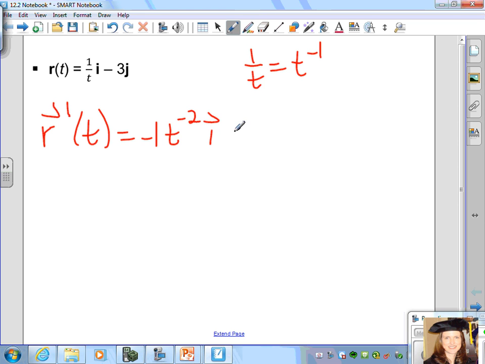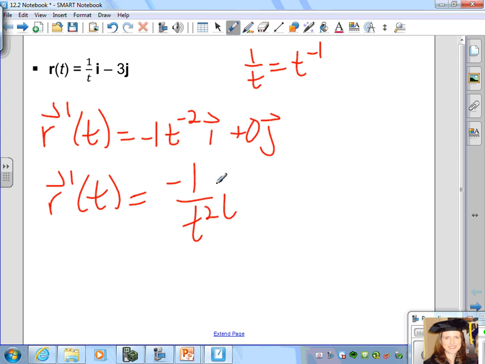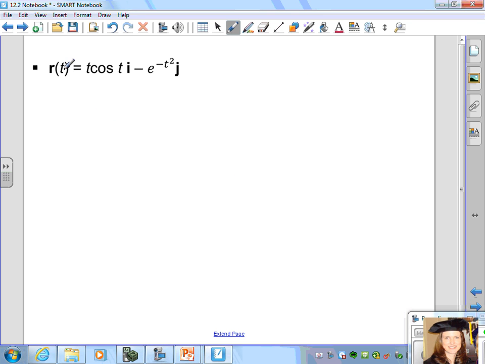That's your i. And then the derivative of minus 3 is 0, so you can write this as 0j. When you simplify, you get negative 1 over t squared i as your derivative r prime of t vector-valued function.